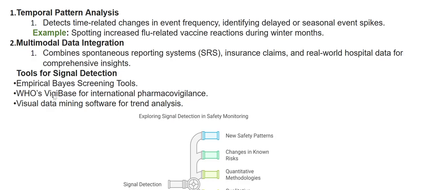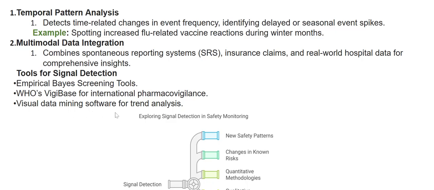Tools for signal detection: we have the empirical bias screening tools, WHO's (World Health Organization's) VigiBase for international pharmacovigilance. It's called VigiBase: Vigi from vigilance, and Base from database. It belongs to the WHO, and it is international, global.